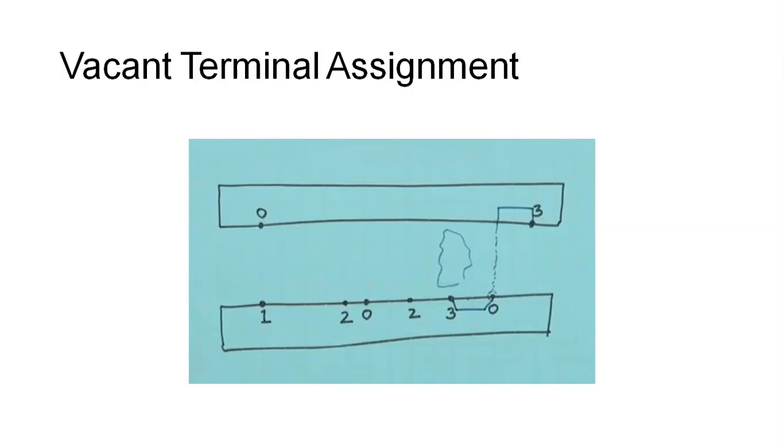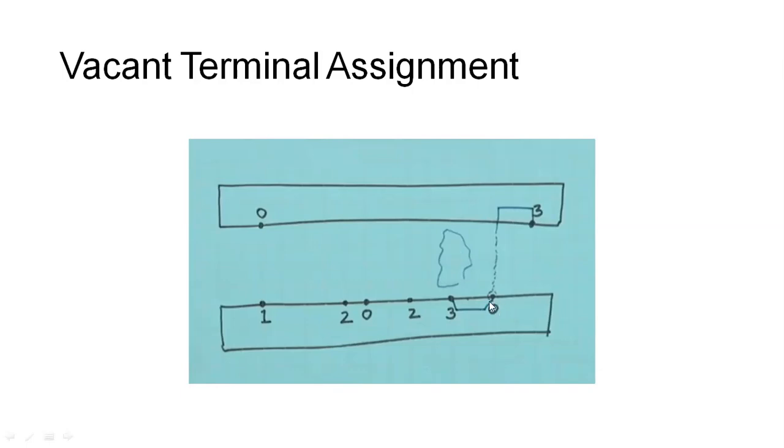If I route net 3 here, I am avoiding the congestion. So it has a good weight, and that can be assigned. This can be avoided with the help of this vacant terminal.